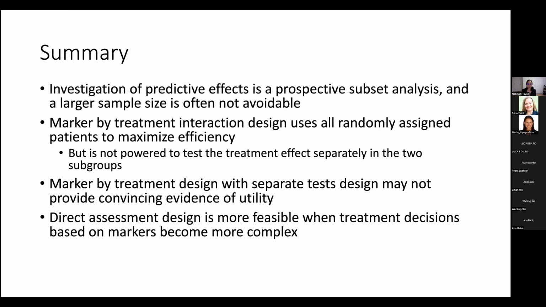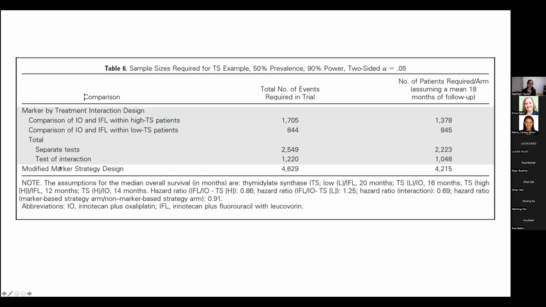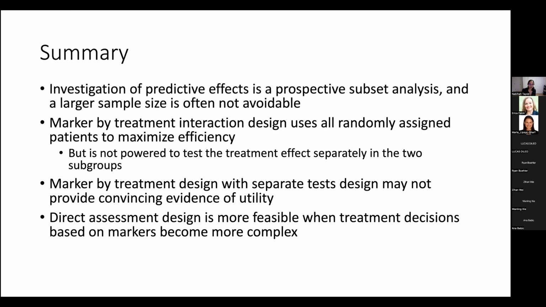The direct assessment design is potentially more feasible, even though, as you can see over here, the sample size for this modified marker design is getting very large. But sometimes you might actually need to do that, especially when the treatment decisions and the number of markers become more complex. So let's say you have a panel of biomarkers and a panel of treatments, and you're making these complex decisions.